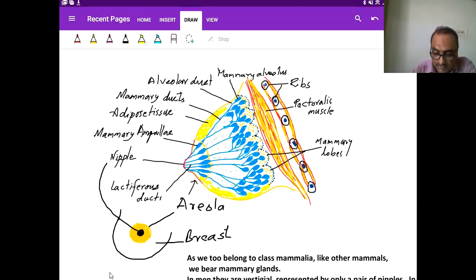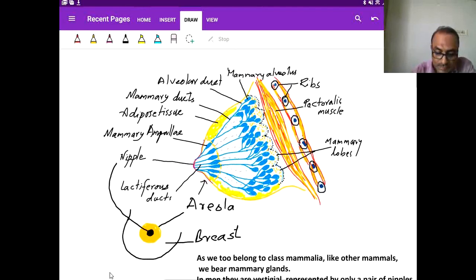Now we see here that the mammary gland is divided into lobes, mammary lobes, and inside the mammary lobes, these are the alveoli. Mammary alveolus I have labeled here, one single alveolus, and these are all the alveoli.